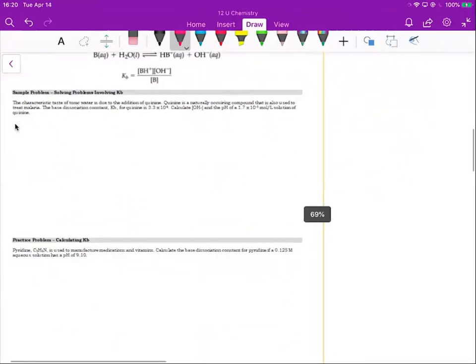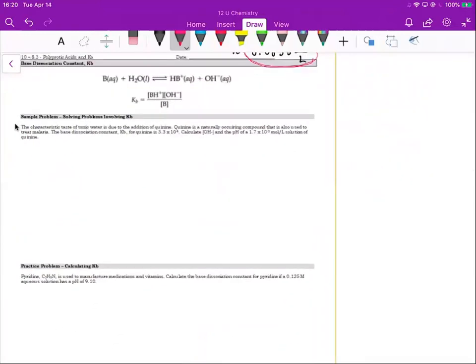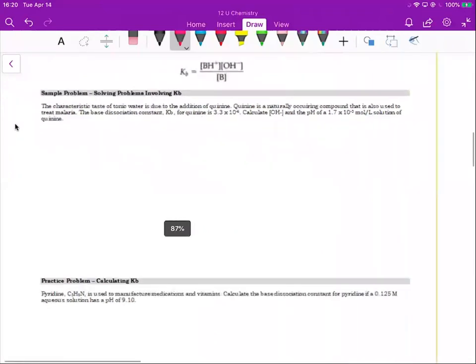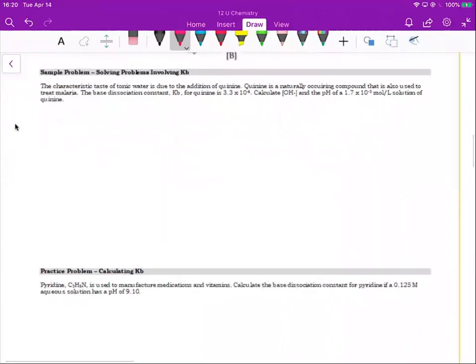All right, now bases, unfortunately, they don't get much love in chemistry, in this course at least, because we focus so much on acids. So the characteristic taste of tonic water is due to the addition of quinine. That's actually interesting because quinine is an anti-malarial, and they think it might have some effect on the coronavirus as well.